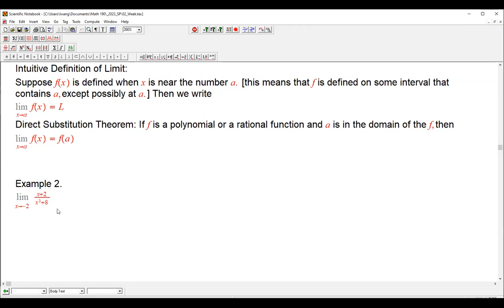So we can assume this function equals x plus 2 over x raised to the power 3 plus 8, right? In order to determine the domain, this time the domain determination is a little bit more work.